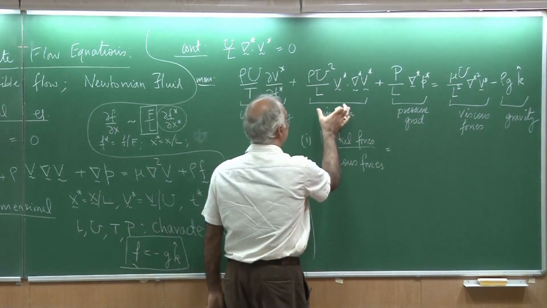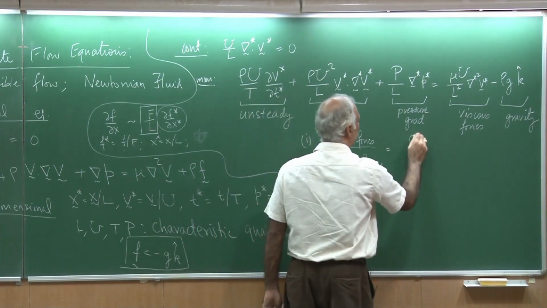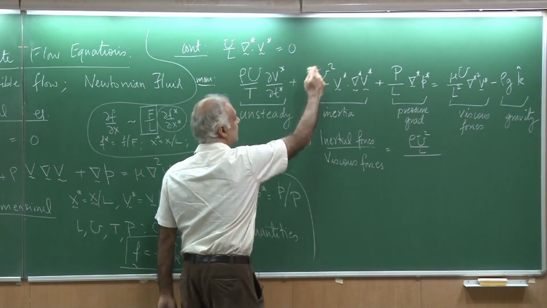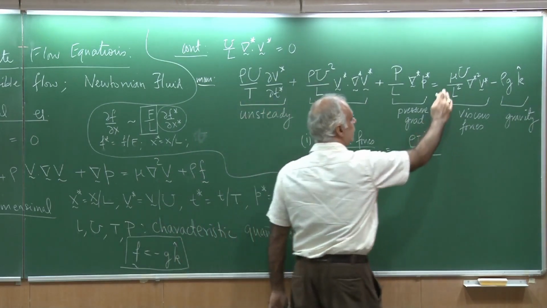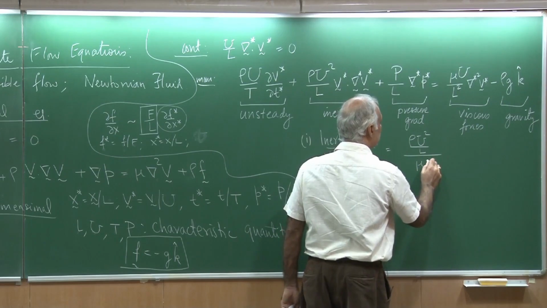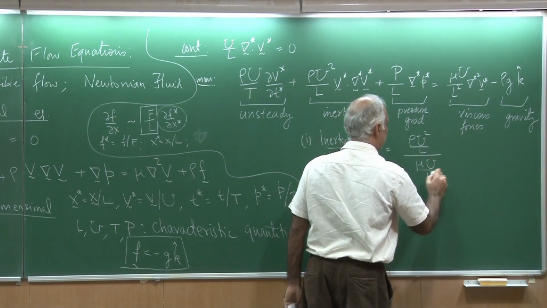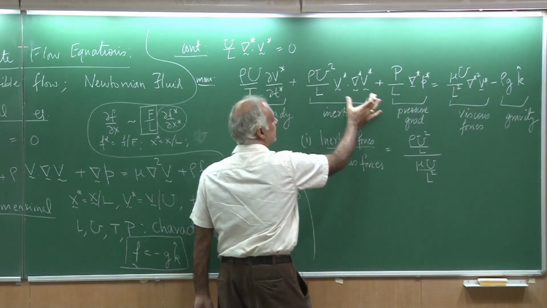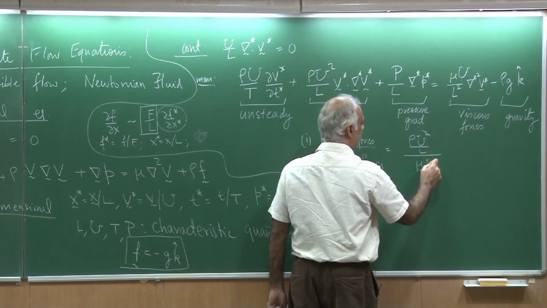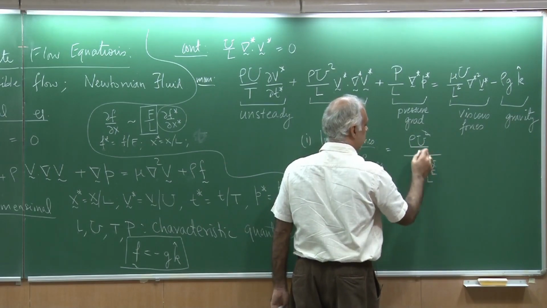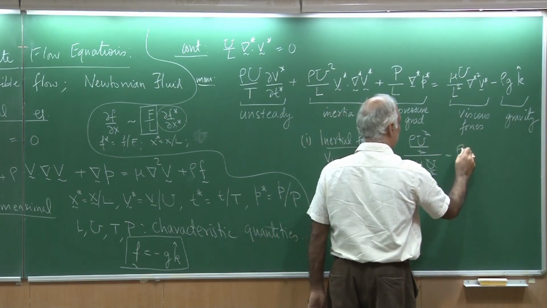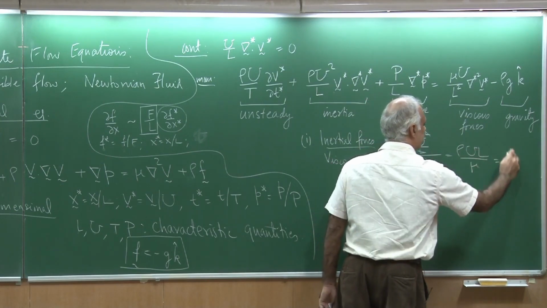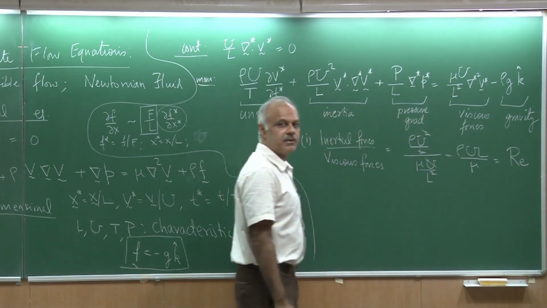Well, inertial forces are of this order, rho u square by L, simply this coefficient. And the viscous forces are of the order of mu u by L square, right? Because the other coefficients are of the order of 1. So if I do the arithmetic, then you will see this becomes rho u L by mu, which of course is Re, the Reynolds number.